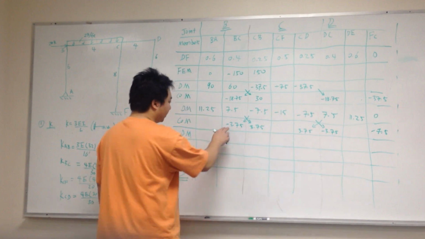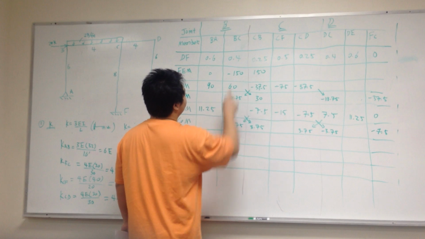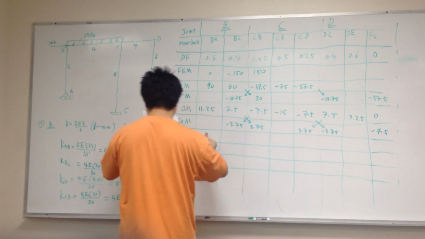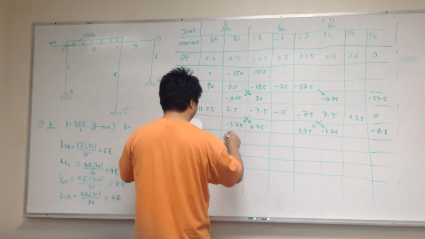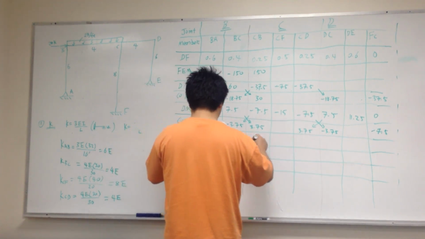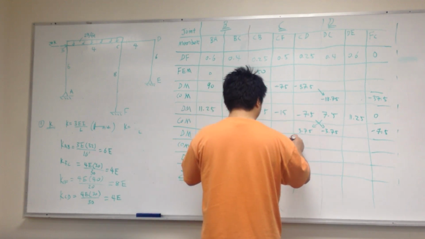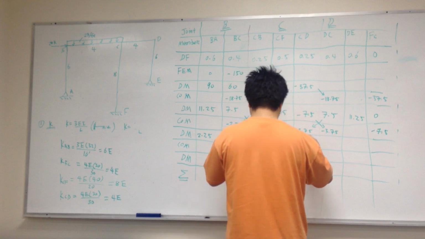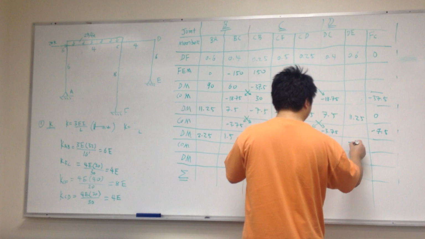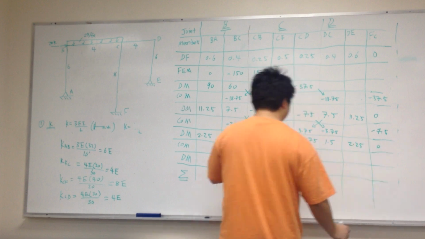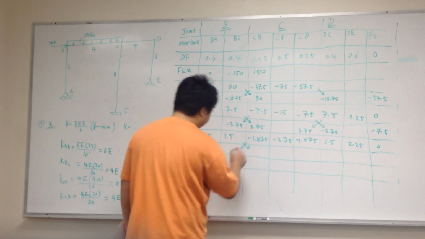You do it again, this plus this, only this. So this times this equal this, this times this equal to this. So you're gonna have 2.25, 1.5, negative 1.875, negative 3.75, negative 1.875, 1.5, 2.25, so carry over. You see the arrow, you just do the arrow again.